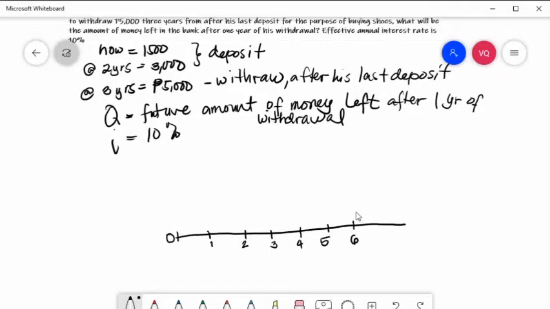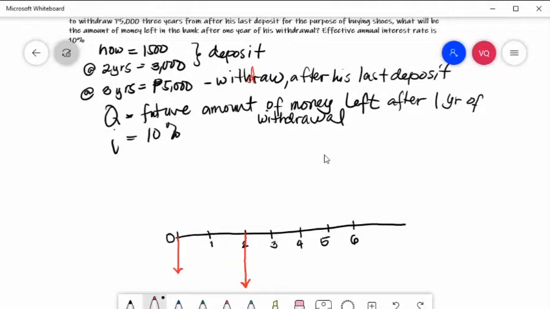So he gave or deposited 1,500 downward. And then he deposited again 3,000 pesos after 2 years. So after 3 years from his last deposit, he withdraw. 1, 2, 3.